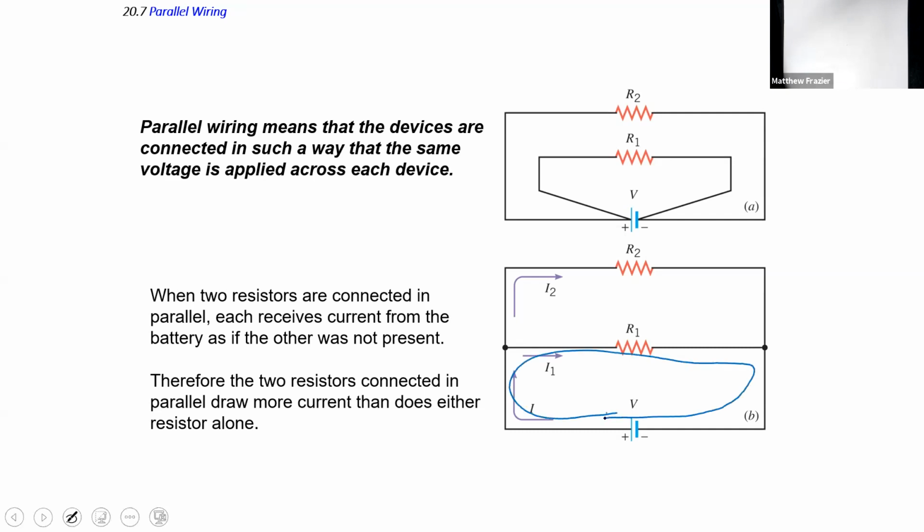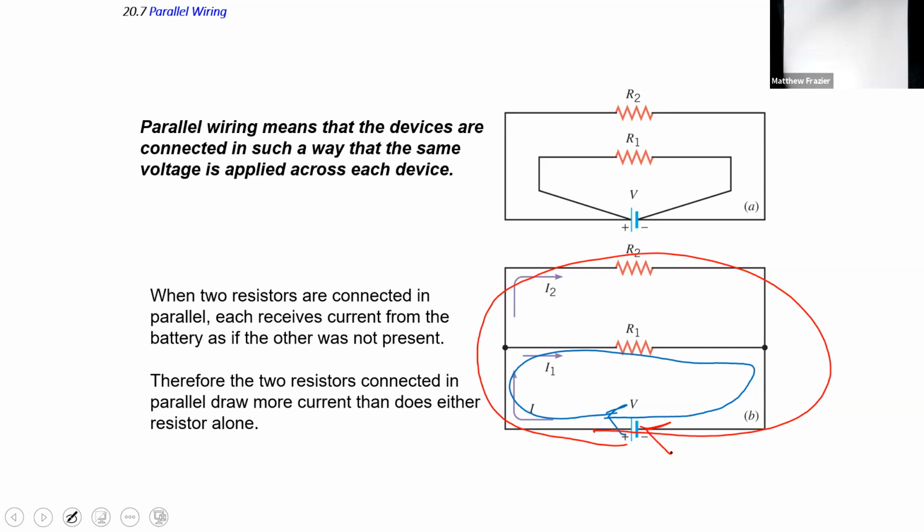You draw one loop. And then independently, there is a second loop. And the stuff in one branch of the circuit, in one loop of the circuit, doesn't affect stuff in the other loop. If you took the battery out, both bulbs would go off. But stuff in one branch doesn't affect stuff in the other branch.